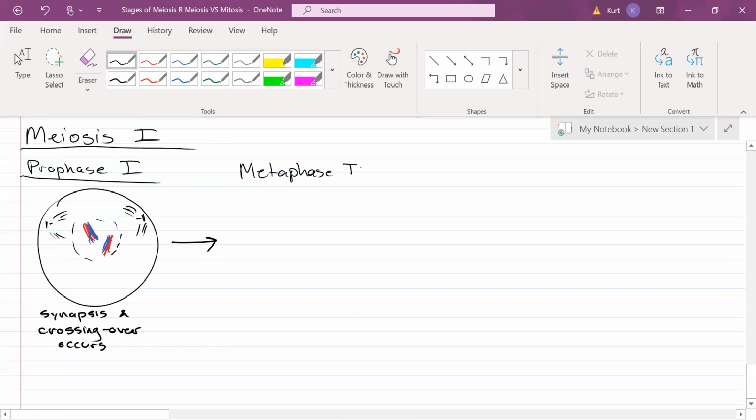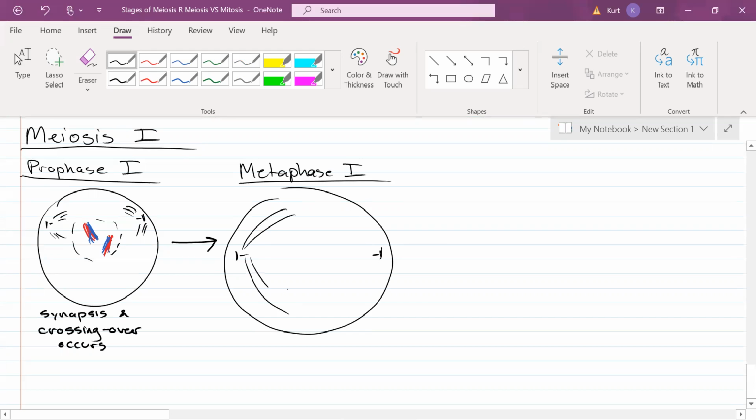Metaphase 1. All right. So you got a maternal and a paternal chromosome that weren't really touched. And you have some that were.